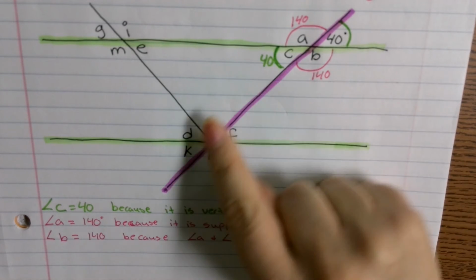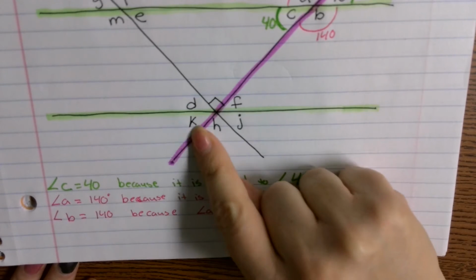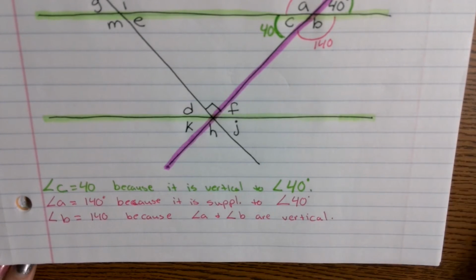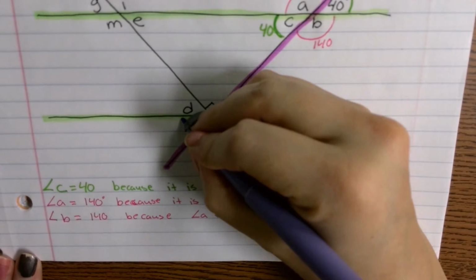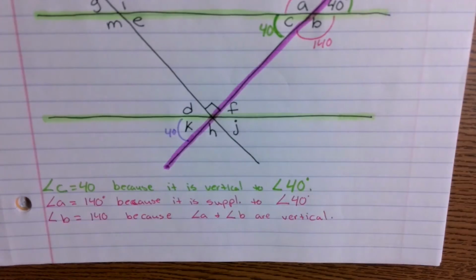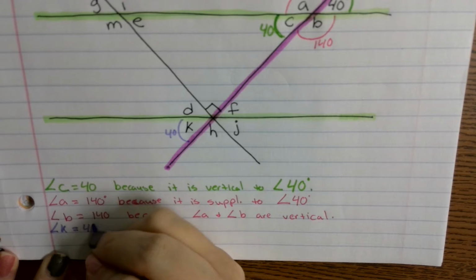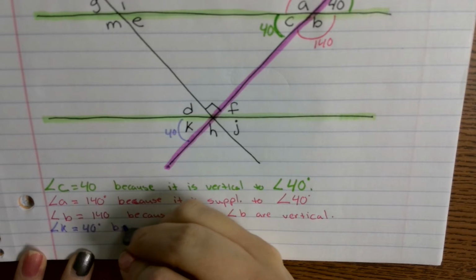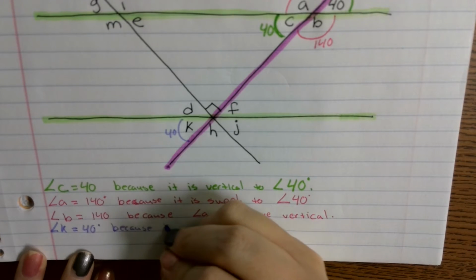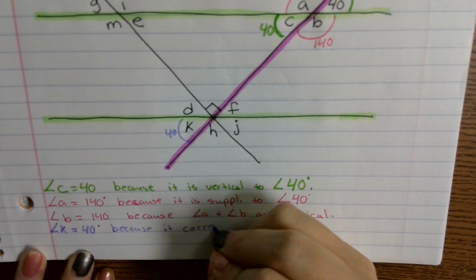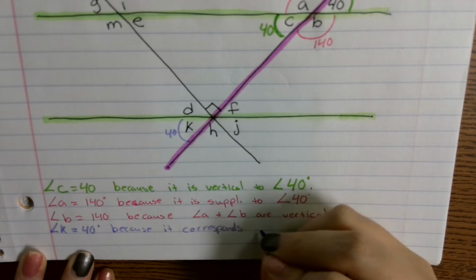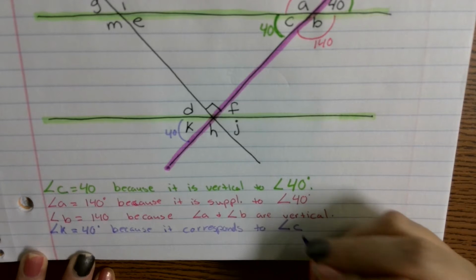Angle C and angle K are in the exact same position. So that means that angle K is also going to be 40 degrees. So angle K equals 40 degrees because it corresponds to angle C.